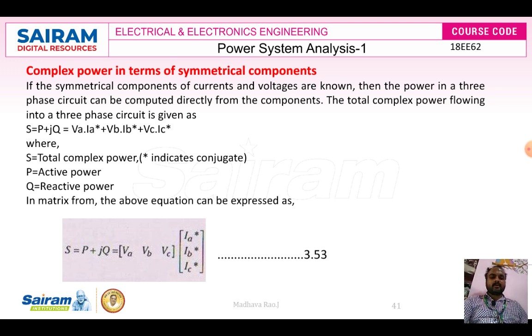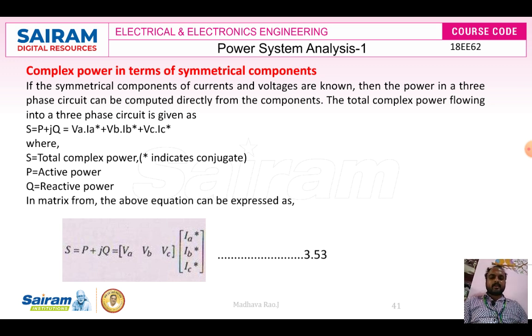Generally we know P is equal to VI cos phi in single phase. In three phase, P is equal to root 3 VI cos phi. In a similar way, if you know the symmetrical components of voltage and current, you can find out the complex power, where S is the total complex power, P is active power, and Q is reactive power.